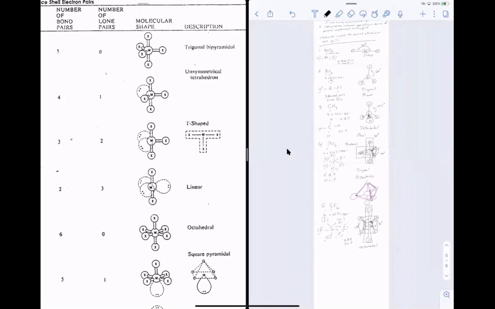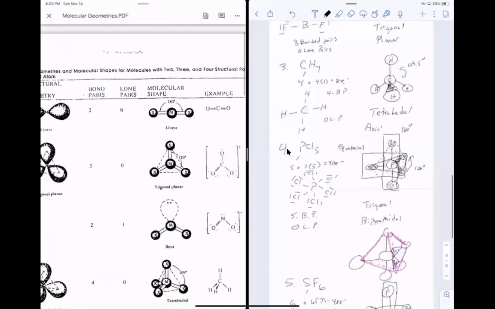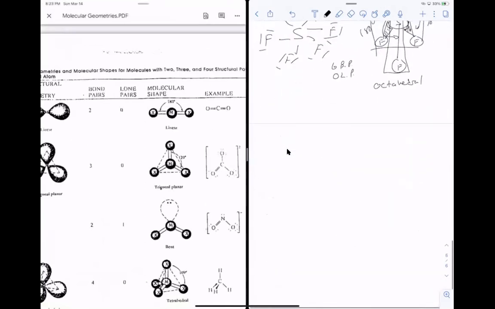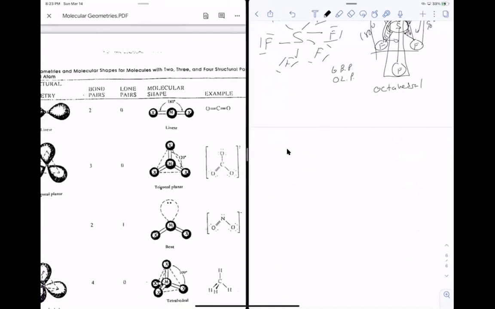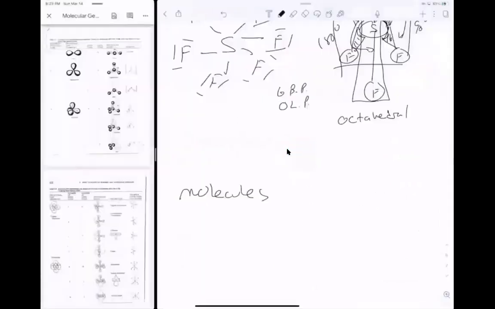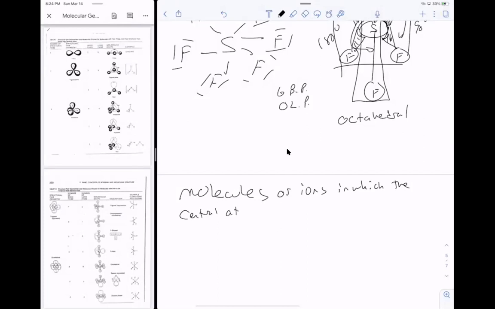And so what we've done is we've gone through all of the main structures. I want to look at, in our few final minutes together here, molecules or ions in which the central atom has lone pairs.